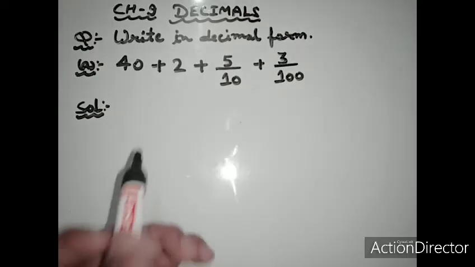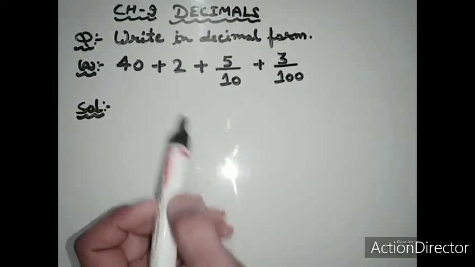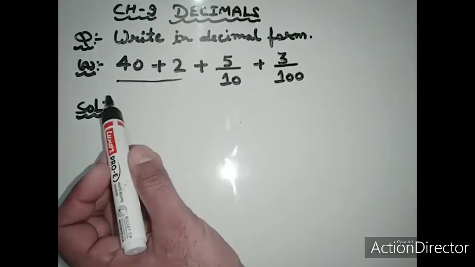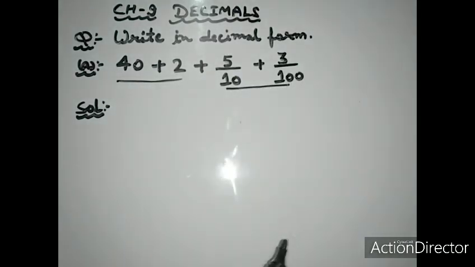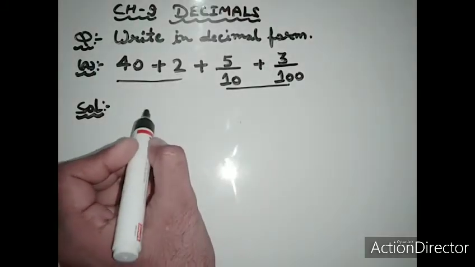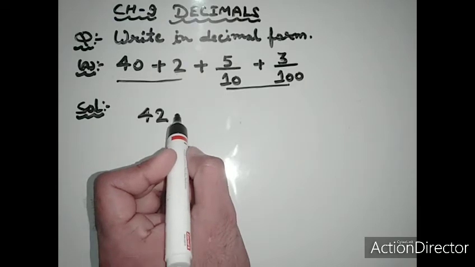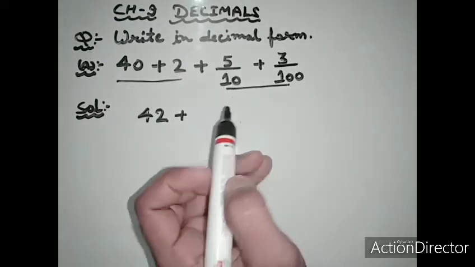Now students, here we easily differentiate the whole part and the decimal part, right? These two numbers are in the whole part and these two numbers are in the decimal part. If we add these two numbers we get 42, and after that we write the rest in decimal form.